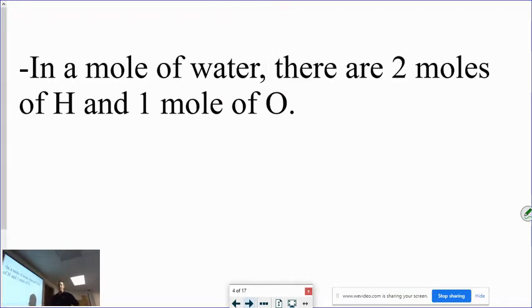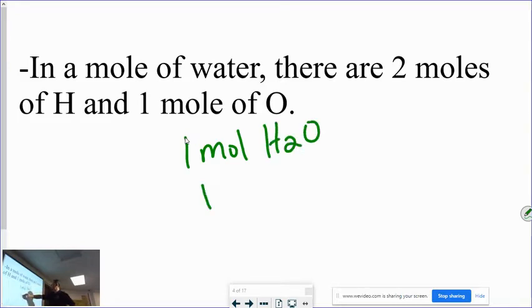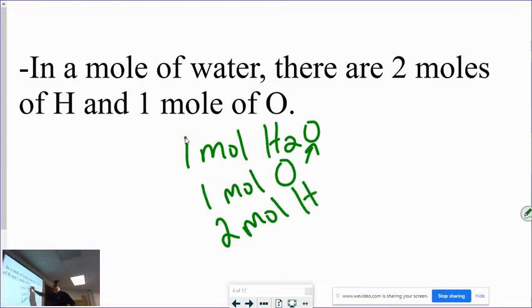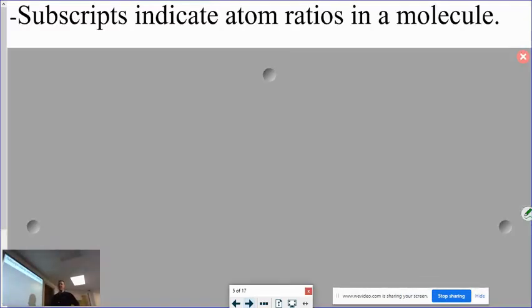In 1 mole of water, there's 2 moles of H and 1 mole of O. So 1 mole of H2O has 1 mole of oxygen, and it's got 2 moles of hydrogen. That is if we had 1 mole of water. Subscripts indicate atom ratios in a molecule.